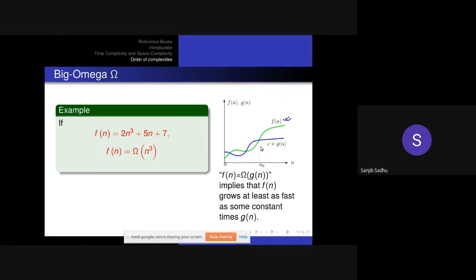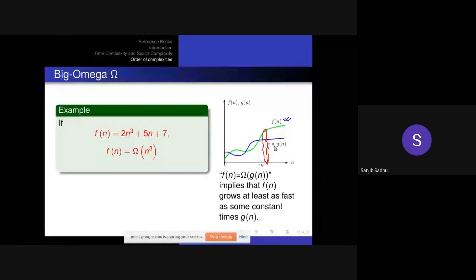Check at any position you take: this portion is f(n), and this portion is c times g(n). So f(n) is always greater than or equal to c times g(n) beyond this point, n naught. Clear?